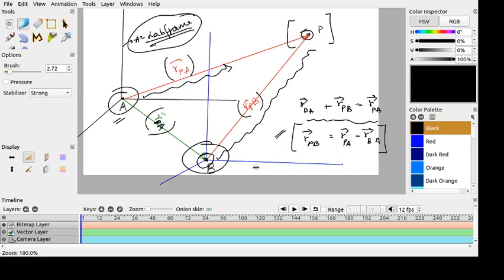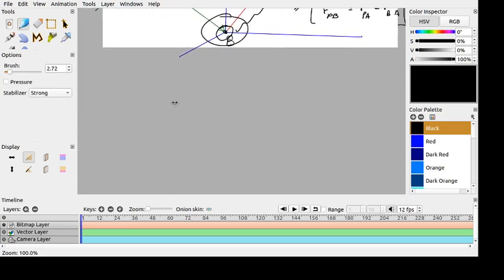Now let's simplify these equations here. Let x be the position. So the position of A with respect to B is equal to the position of A minus the position of B. Now this A and B are not two different observers, neither are they two objects.